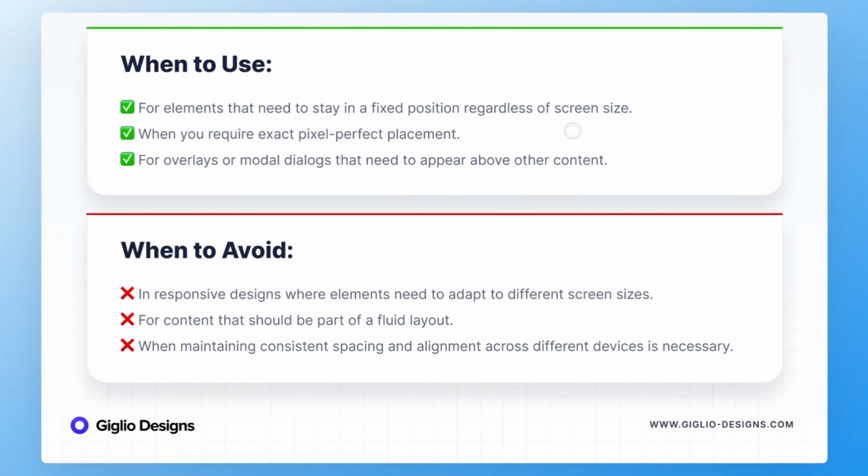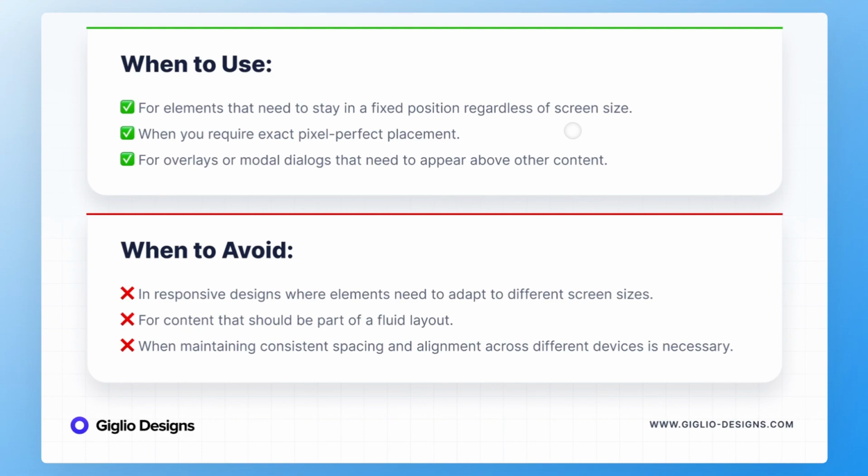So as you know, screen size plays a major role in the distribution of the various elements in a site, and it's also going to be a good idea to use absolute position when you require exact pixel perfect placements, or even for things like overlays or modal dialogues that need to appear above other content. Think about cookie modals or other similar interactions.